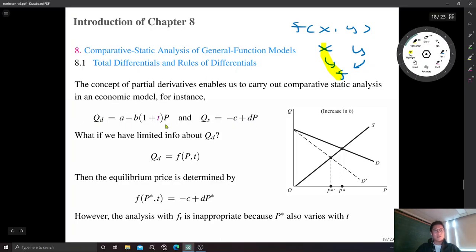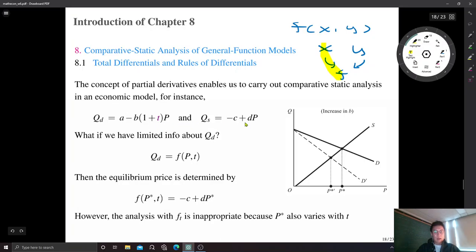This curve denotes the demand for one product, and this supply curve denotes the supply for the same product. We have several parameters here, A, B, C, D. A and C are y-intercepts of demand and supply respectively, and B and D are slopes of these two curves respectively.